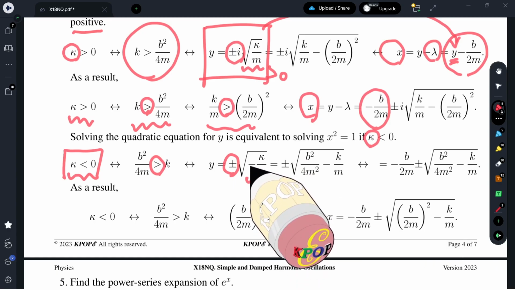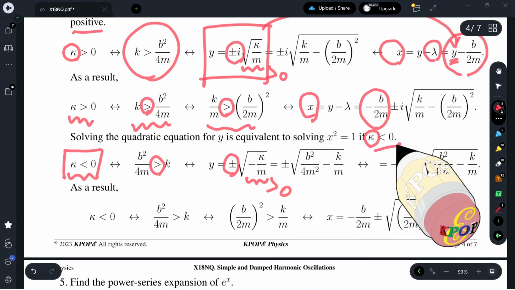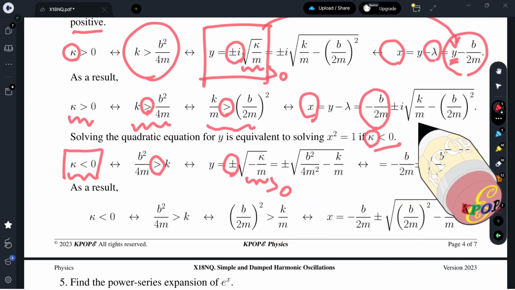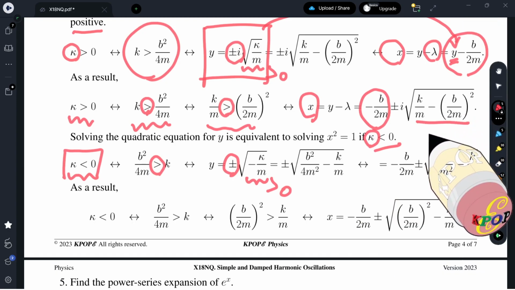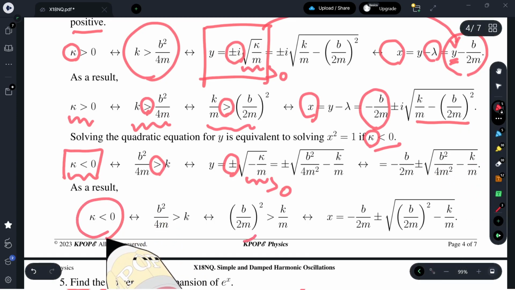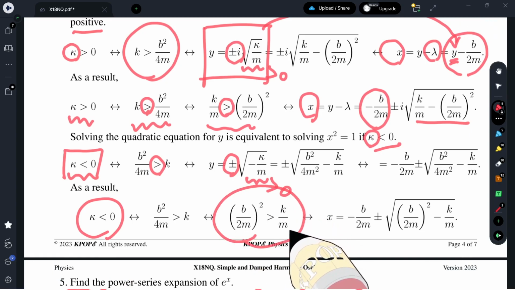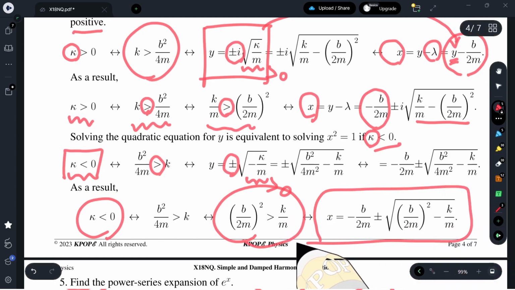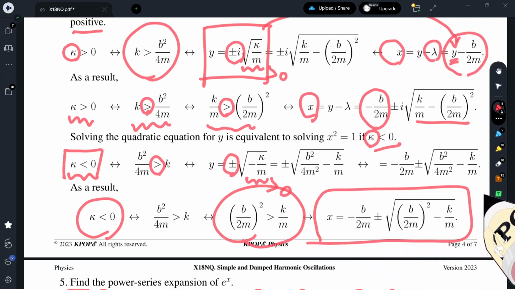That means this one is positive because kappa is negative. In that case, the order of these two terms is flipped. So we exchange these two. Finally, when kappa is negative, that means this b over 2m squared is greater than k over m. The solution for the quadratic equation is this plus minus square root, a big one subtracted by a small one.